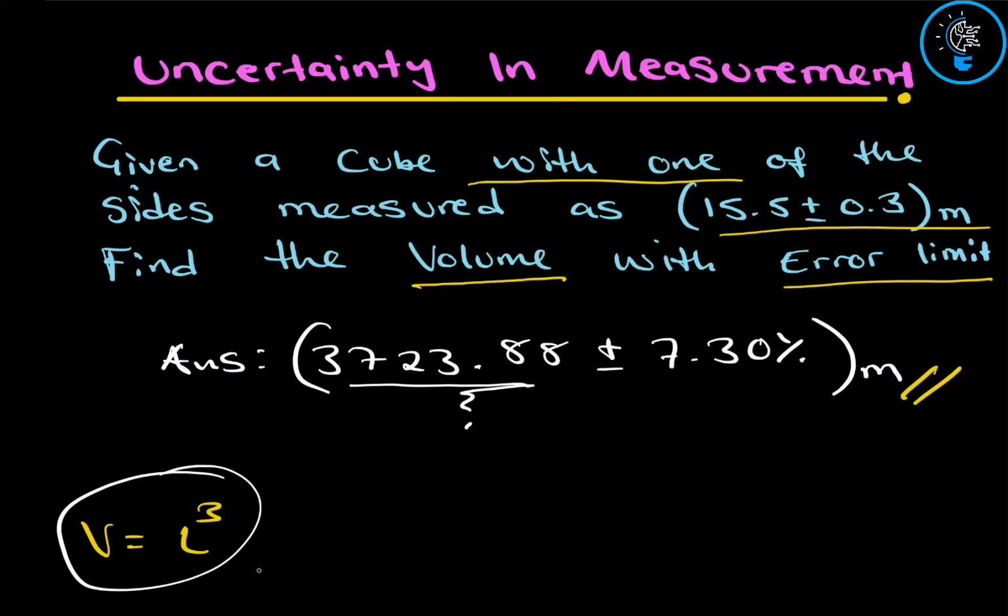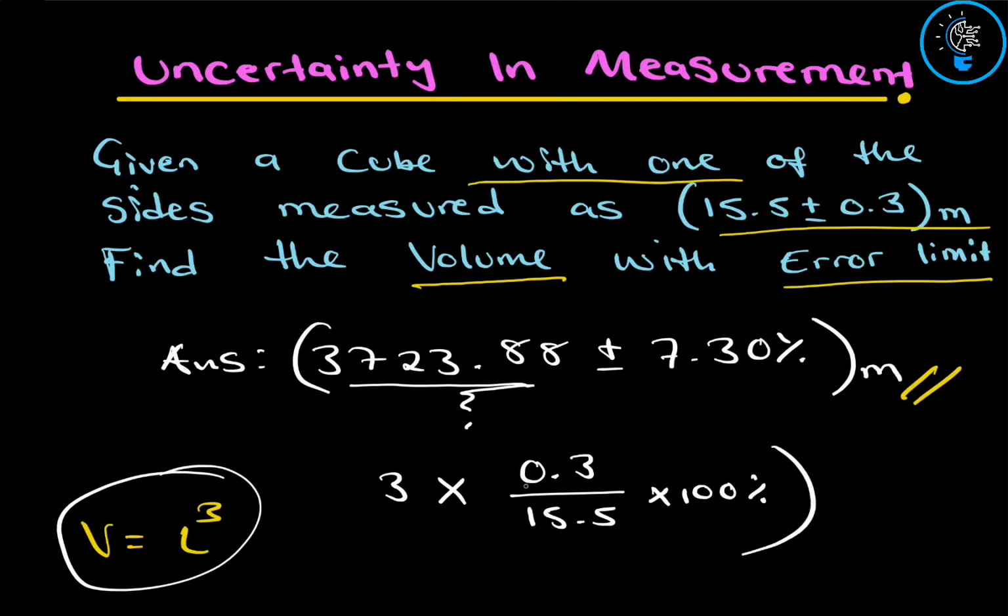To find the uncertainty using the formula that has a power, the power is 3, times the percentage uncertainty. To find the percentage uncertainty of this given length, we say 0.3 divided by 15.5 times 100%.